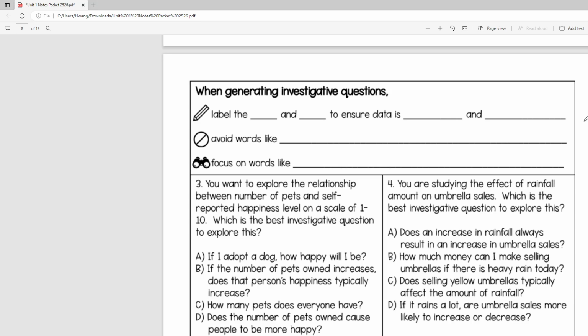On the SOL, it gives you multiple examples, and I would like to go one by one and also share some tricks that will help you understand which one is an investigative question. The first trick is to label the independent variable, this is an acronym, and the dependent variable, and ensure the data is bivariate and quantitative.